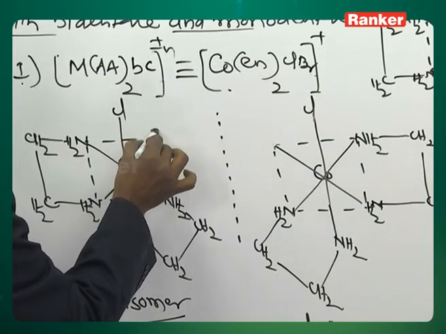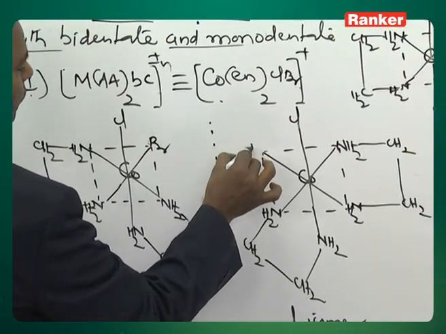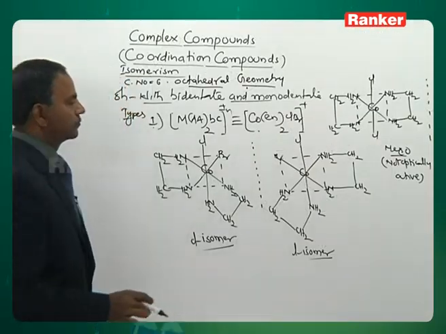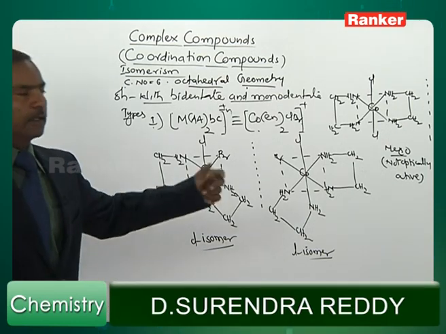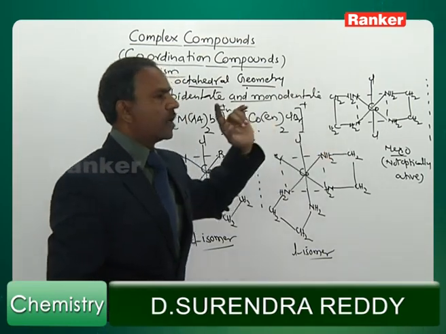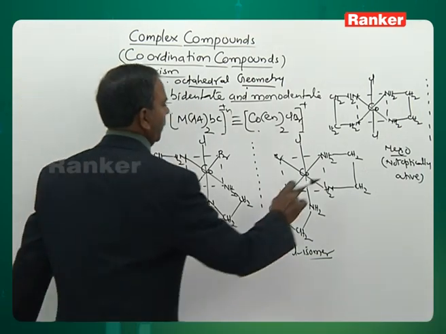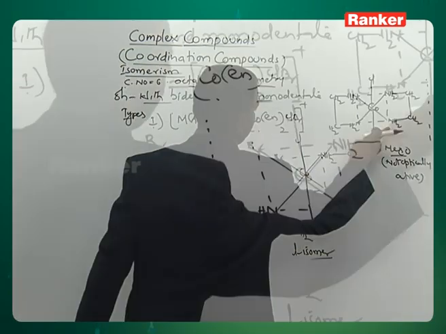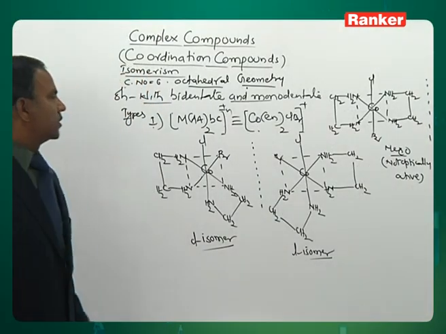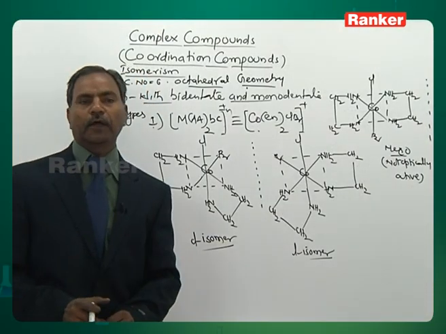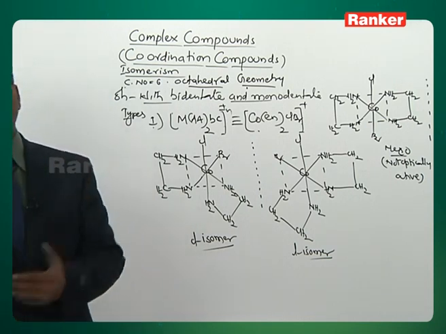Let me write cis only again, ClBr. So this particular complex, D you consider, and that is L. Similarly, if you write for the trans, trans is again optically inactive, with Br. So, like this for M(AA)2 BC.